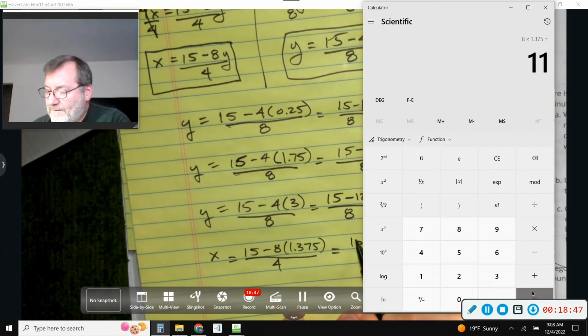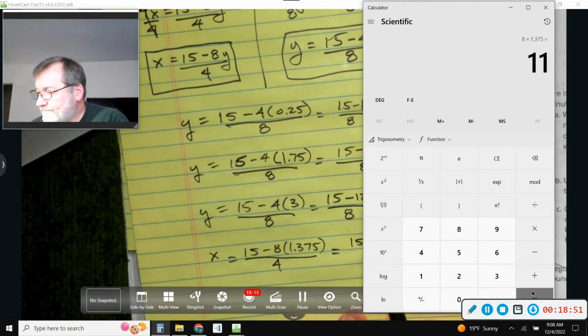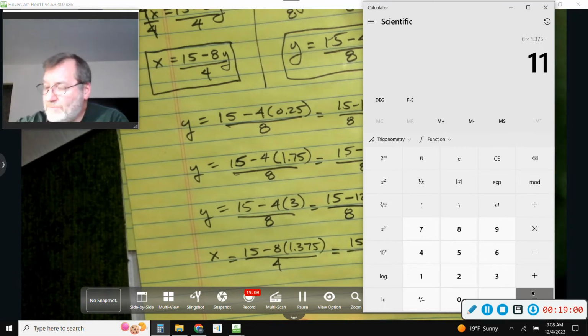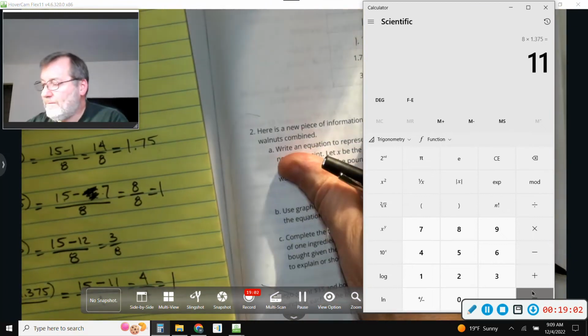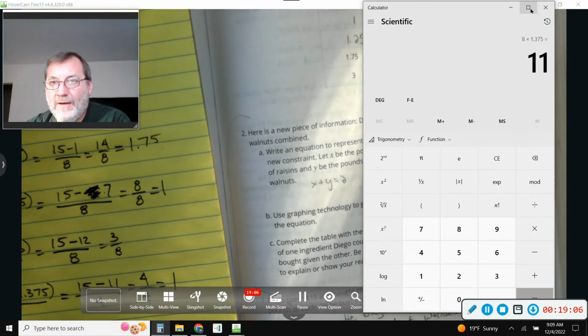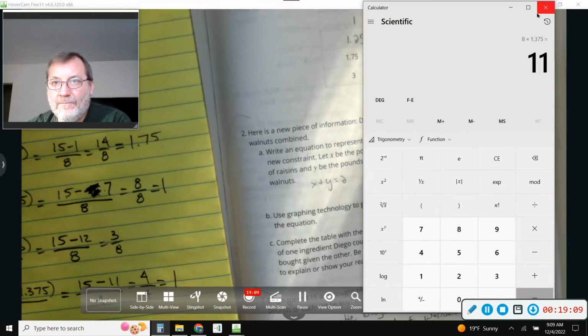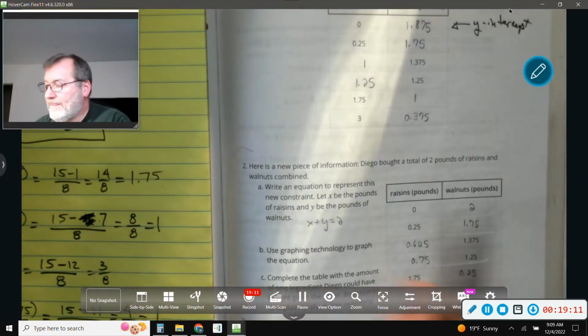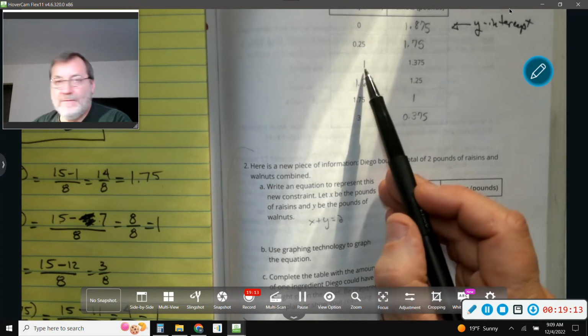So 15 minus 11 divided by 4. Well, 15 minus 11 is 4. 4 divided by 4 is 1, which is what you got. There's where we started, and there's your answer.